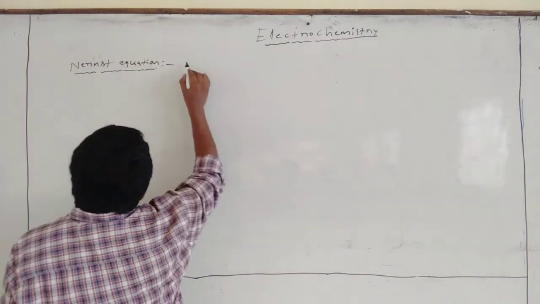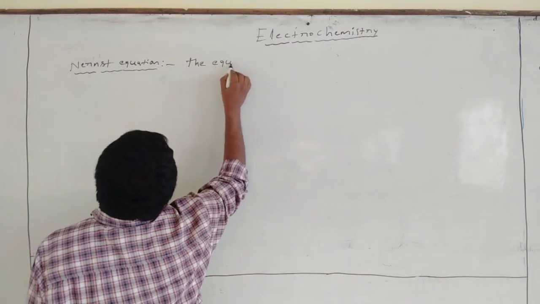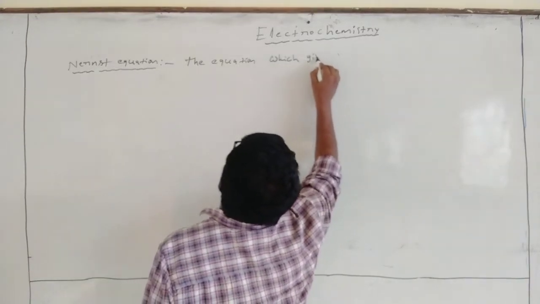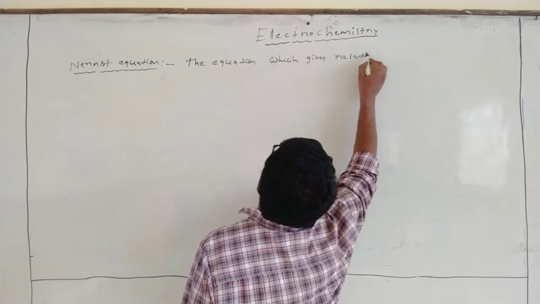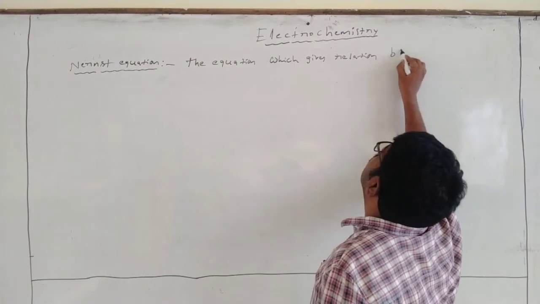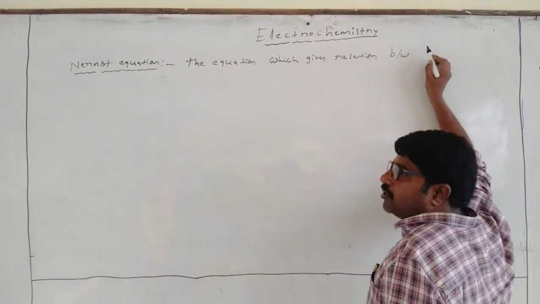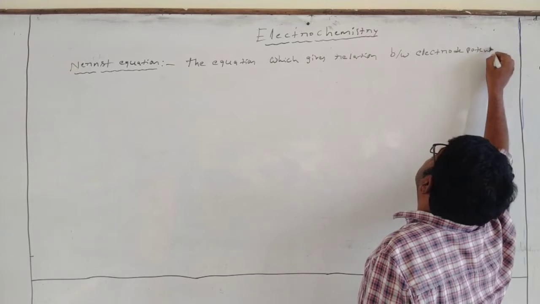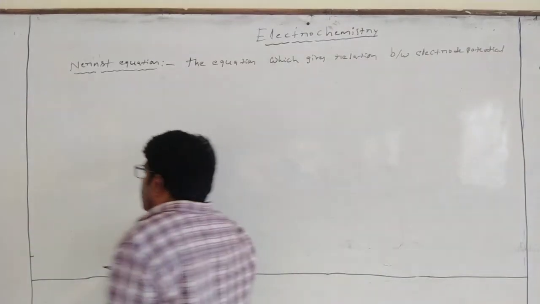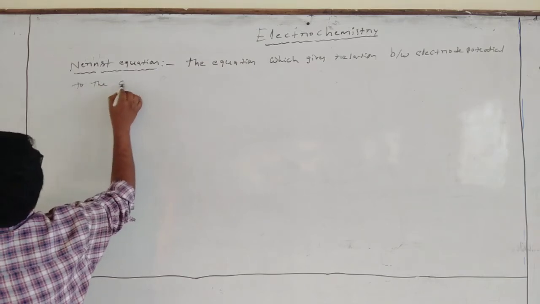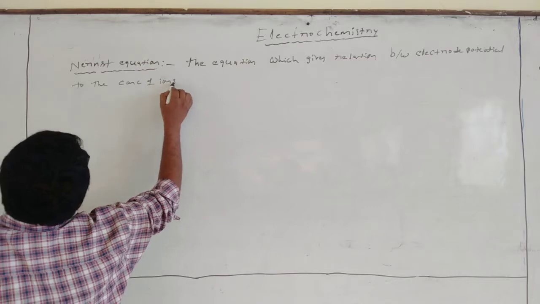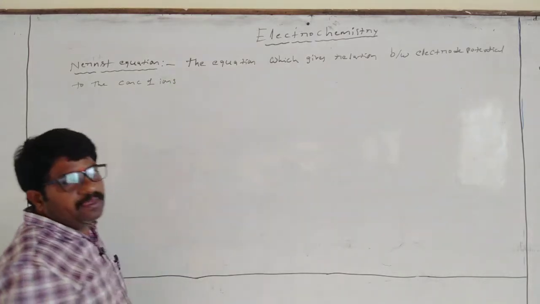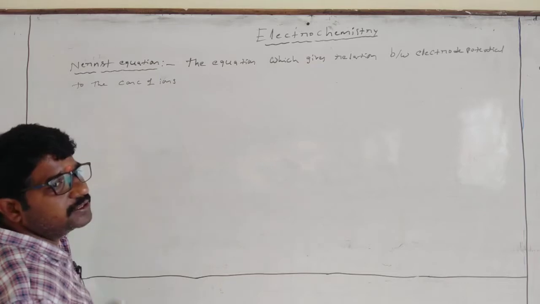The equation which gives the relation between electrode potential and the concentration of ions in the electrolyte is called the Nernst equation.